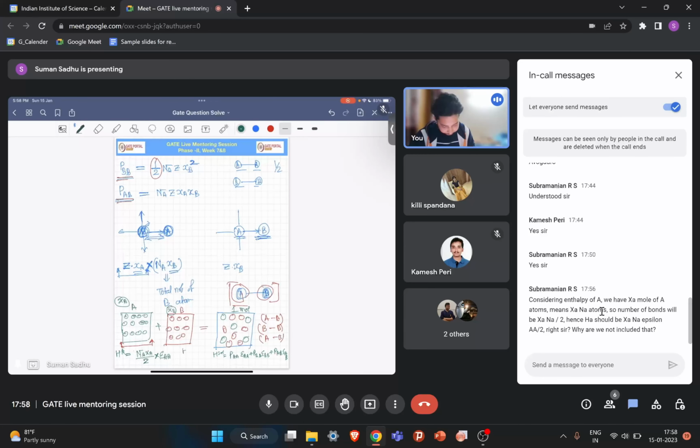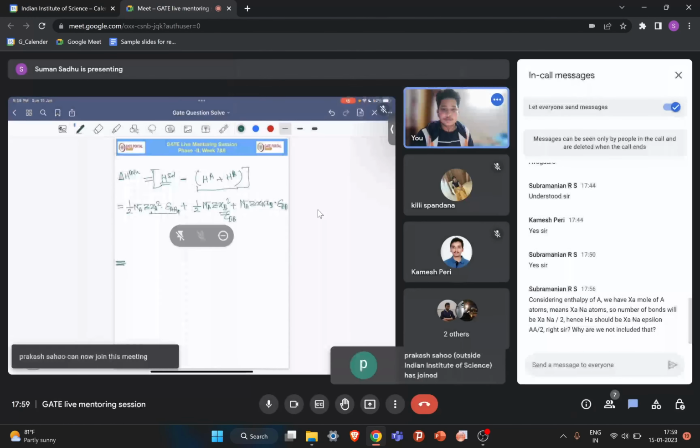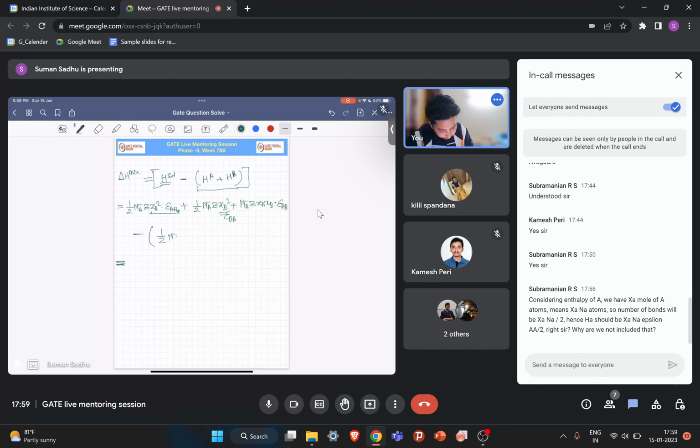And similarly for H of B. If we take this common, it will be Na Z XB.